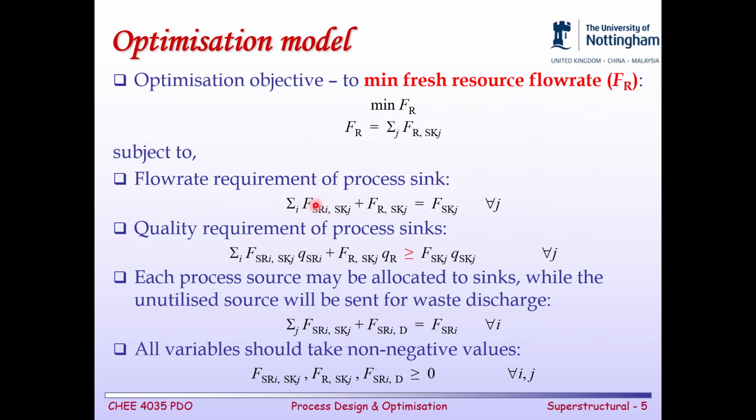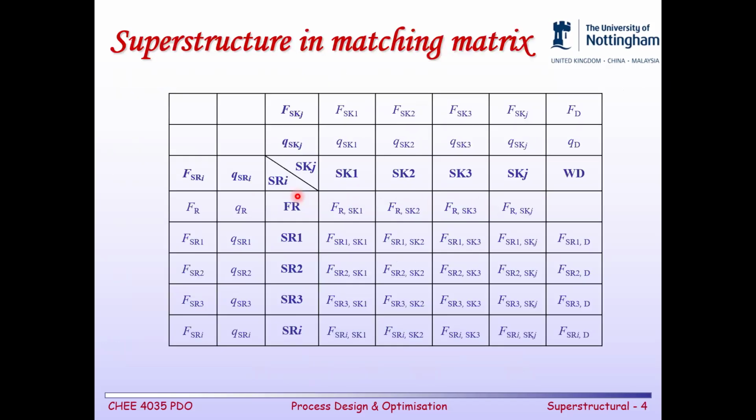So it's the summation of all the source I to sink J, plus of course the freshwater to sink J. And we iterate that for all of the J. So going back to our tabular form, it's the summation from here to here, and we do that for all of the sinks from sink 1 to sink J.